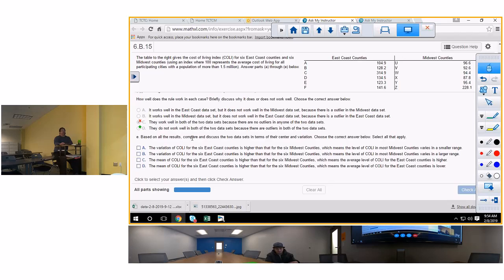Based on the results, compare and discuss the two sets. Basically, the East Coast data is looser than the Midwest. So some of y'all read that and tell me which one says that. That means that the East Coast has more variation than the Midwest.